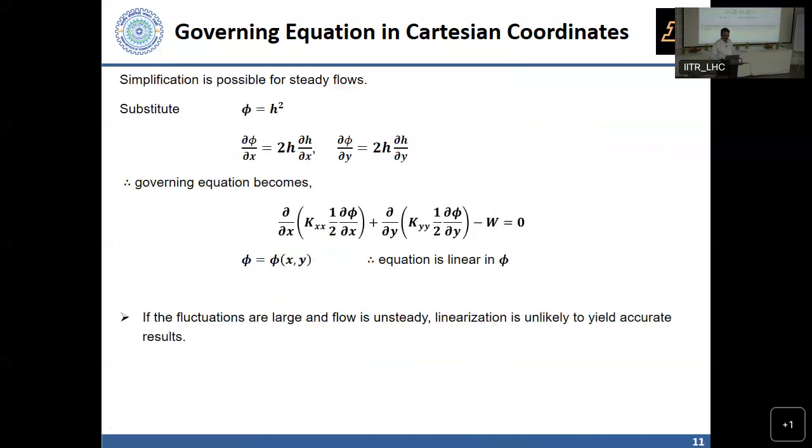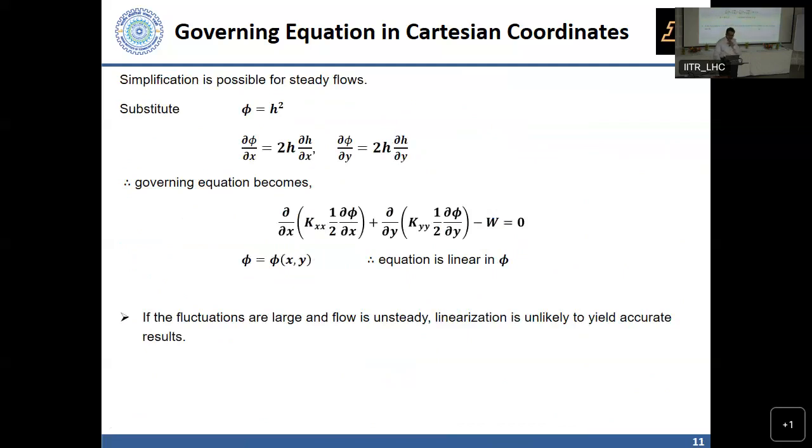So if we substitute, let's say phi as H squared, then of course dphi/dx has 2 times H dH/dx. H dH/dx or H dH/dy is what we have in the equations. So we essentially can rewrite the equation in this form. The value of half will essentially come out, but now the equation is linear in H squared, which is phi. And then of course we can solve for it.